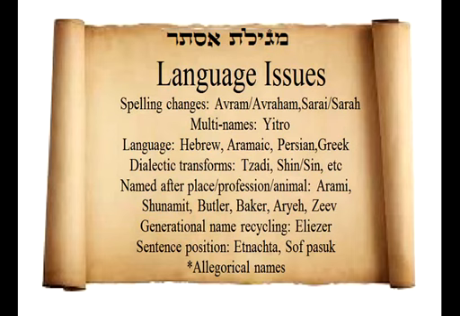The next issue is transformations in the name based on the position in the sentence and effects of Hebrew grammar. In this case, a letter may change or a vowel may change if the word falls upon an etnachta, which is the high point in a sentence, or on the sof pasuk, which is the end of the sentence.